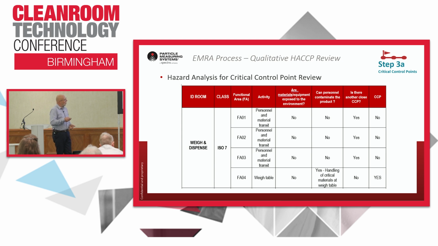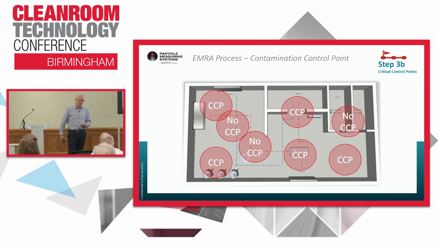Is there another critical control point close by? And then do we make this a critical control point or not? It's looking at all those functional areas, going through it once, then stepping back and looking through again to see how they all fit together. So that's the first stage of the critical control points.